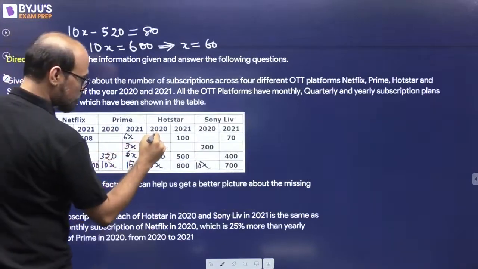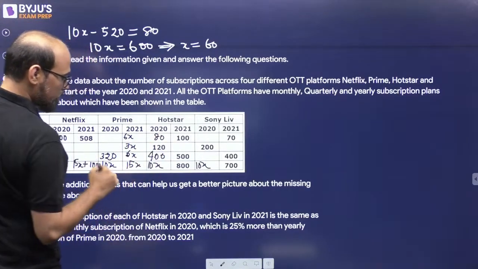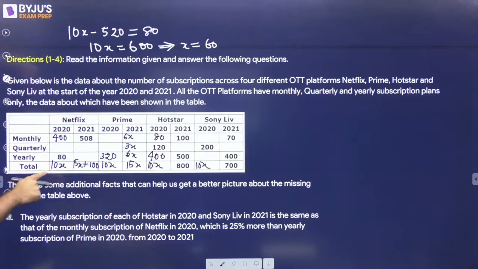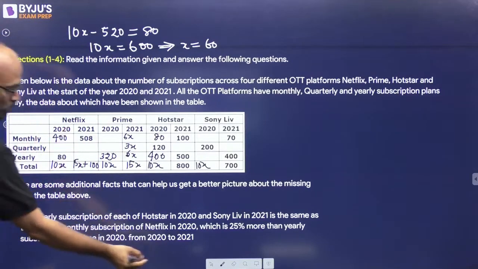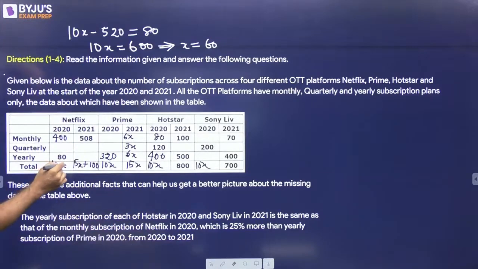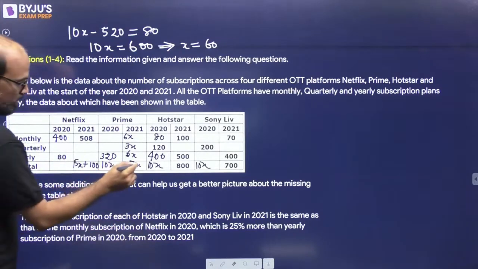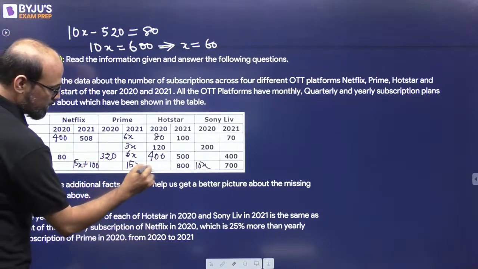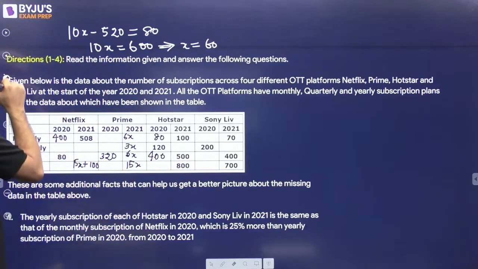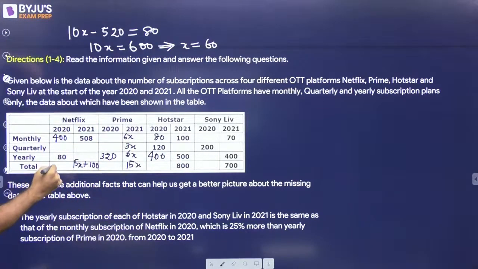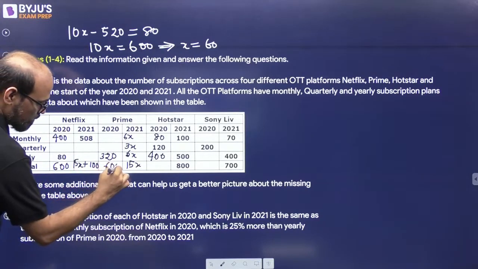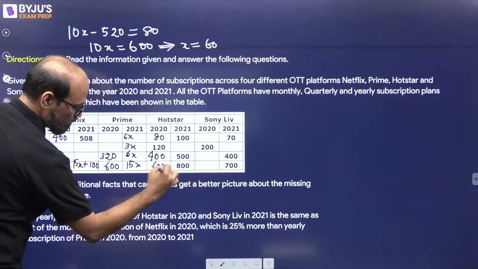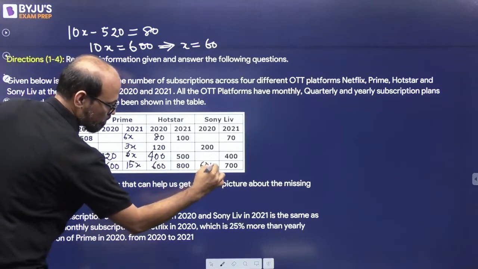So this is 80, so this is also going to be 80. Since x is 60, ये 10x कितना हो जाएगा, each one is going to become the same, right? So each one is going to be 600, ये भी 600, ये भी 600, ये भी 600.